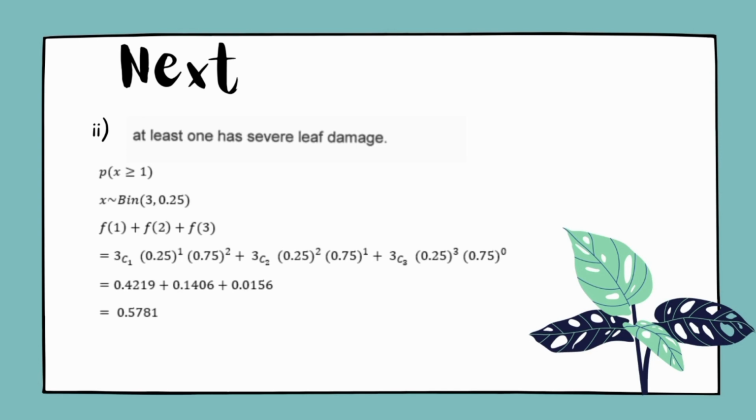So 3C2 multiply 0.25 to the power of 2 multiply with 0.75 to the power of 1, and we add 3C3 multiply with 0.25 to the power of 3 and multiply with 0.75 to the power of 0.